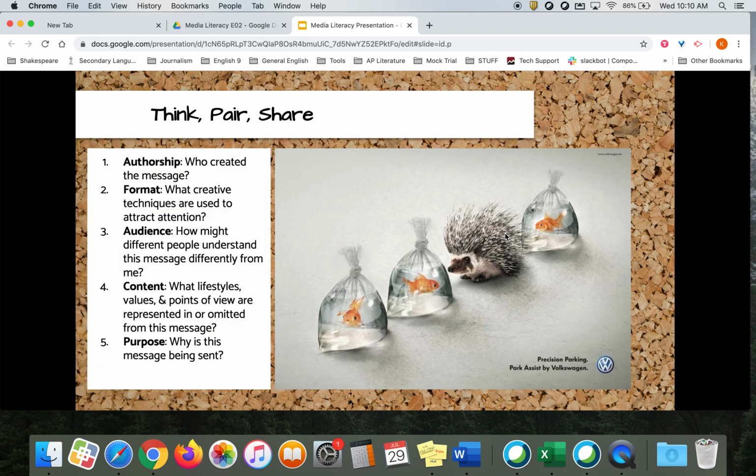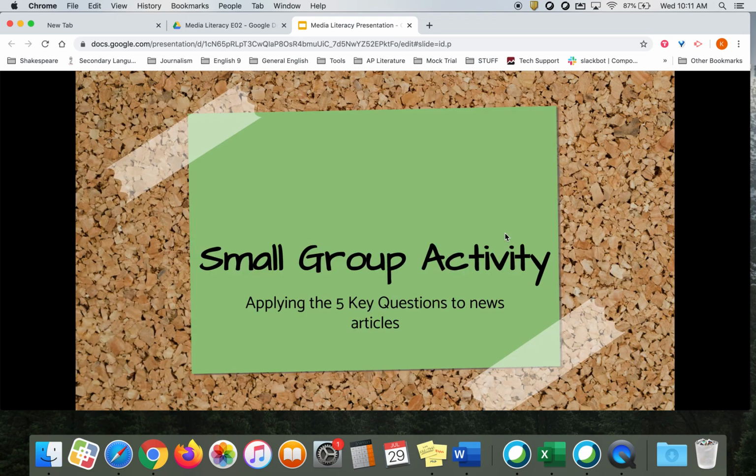Then the next step is for them to get into partners and look at this ad or another ad. I think that this could be very interchangeable with anything that is popular or contemporary, and then have them work in these pairs to break down the message together. Of course, this will depend on how we can do this with the restrictions that we have in place, but I think it's doable.